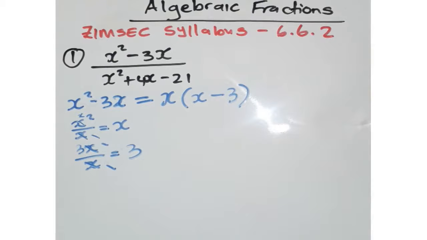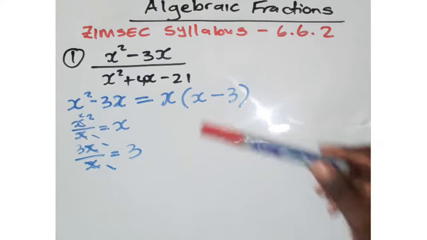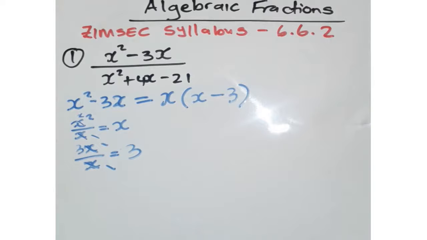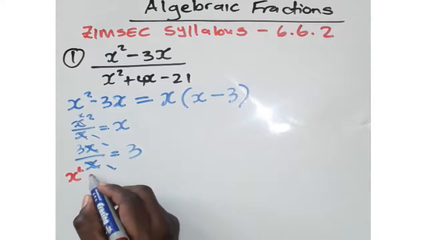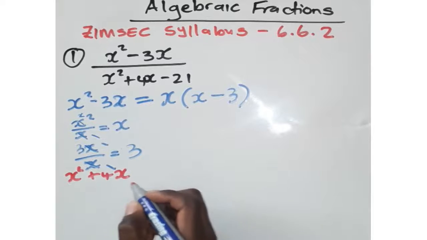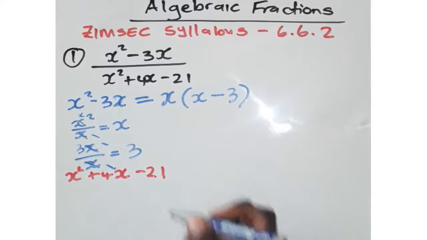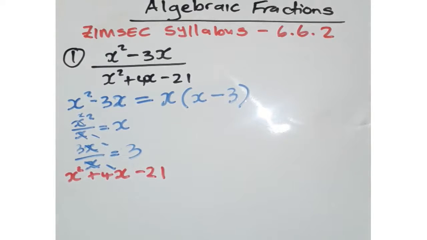Okay, now the second part requires us to factorize the denominator. So we now have to factorize x squared plus 4x minus 21. Okay. So how do we go about it? The first thing that we're supposed to do is to find the factors of 21.